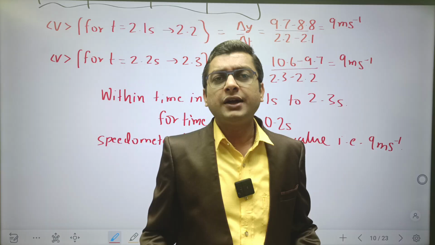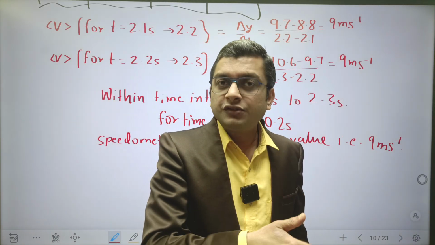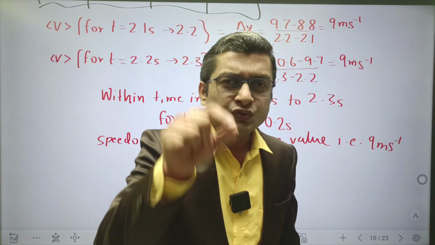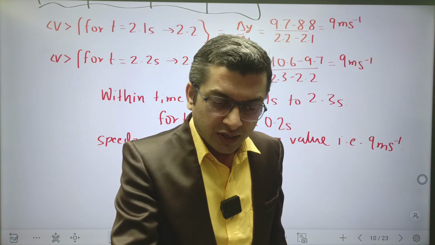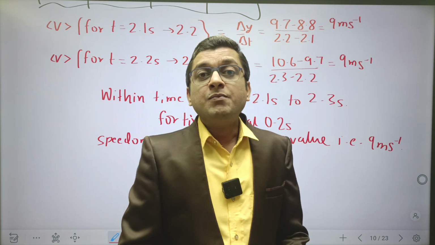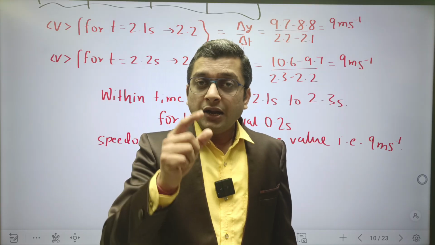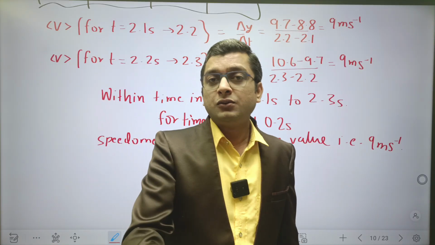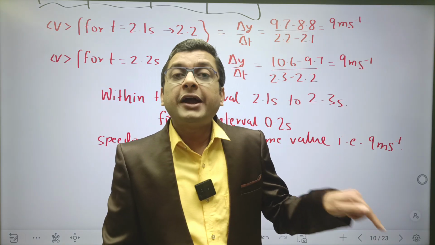I do agree that the time for which the speedometer holds the same value is very less, but it holds the same value for that less time. Maybe it is infinitesimally small, but it is holding the same value for that infinitesimally small time, and only because of that are you able to observe that reading.